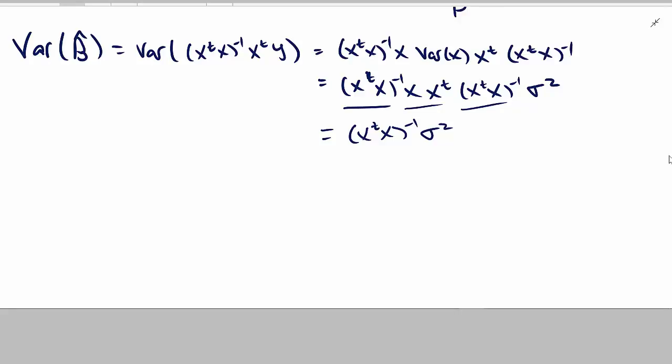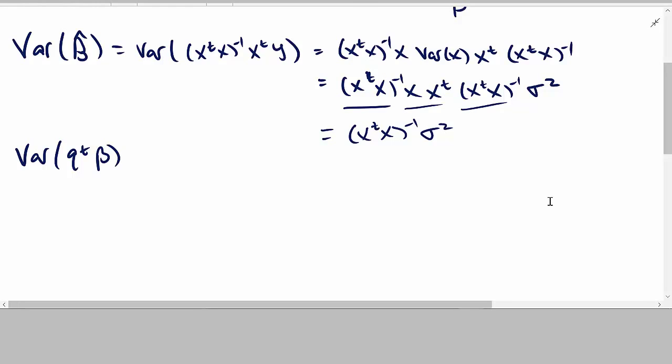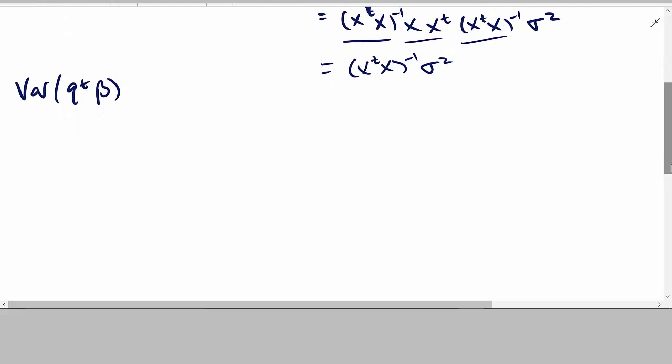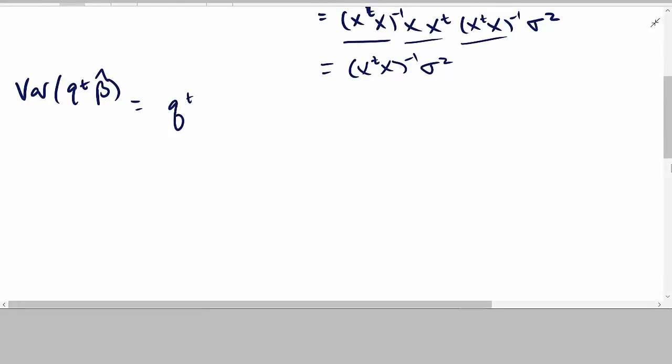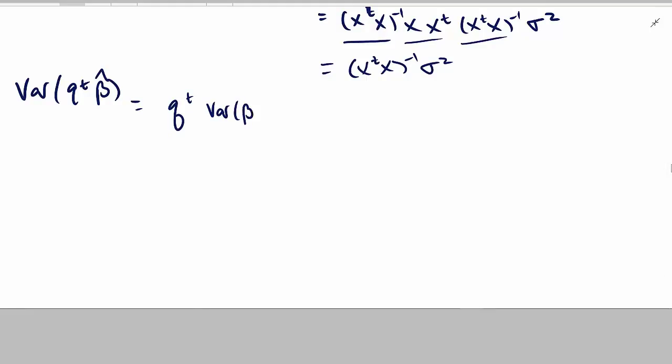The last thing is we can calculate the variance of Q transpose beta hat, where Q is a linear contrast. That works out to be Q transpose times the variance of beta hat times Q, which is then Q transpose x transpose x inverse Q times sigma squared.